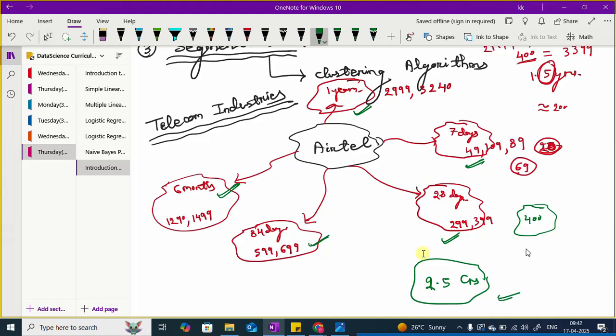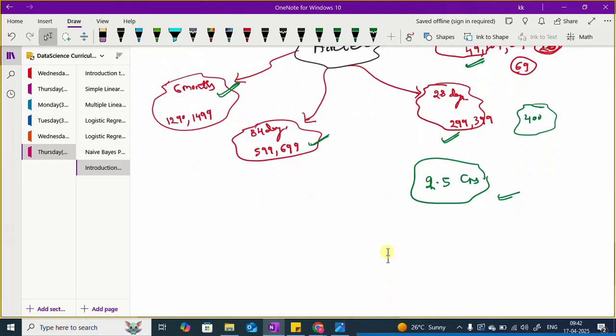They get irritated. If you keep on sending the message, they will try to switch the network from Airtel to maybe Jio or something else, because they feel these people are forcing me to go for a higher recharge. So that is not a good business strategy. Always your data should be properly segmented and clustered. Then only you can focus on the targeted customer. The third point is written in the PPT.